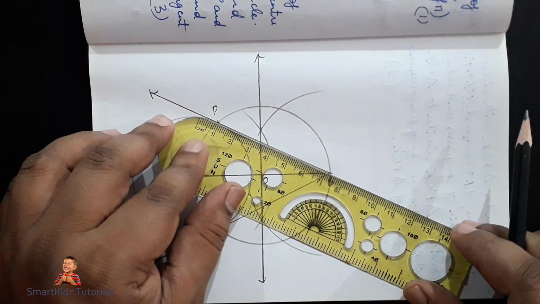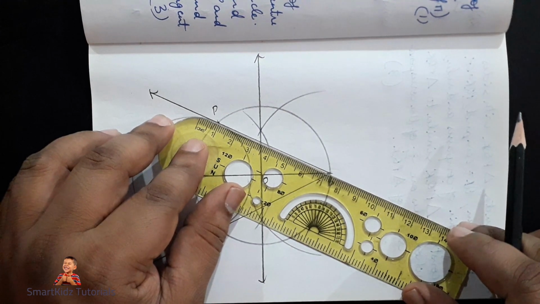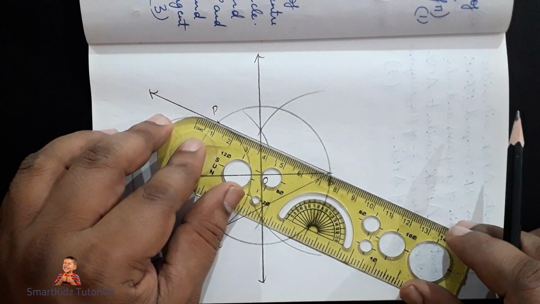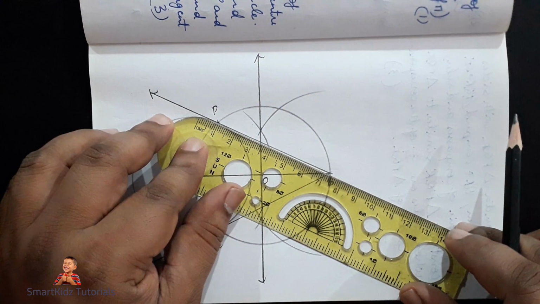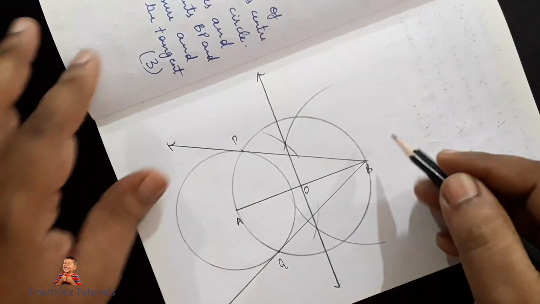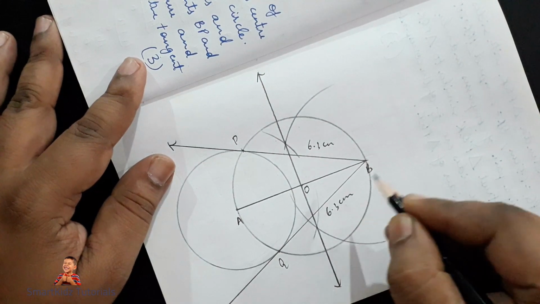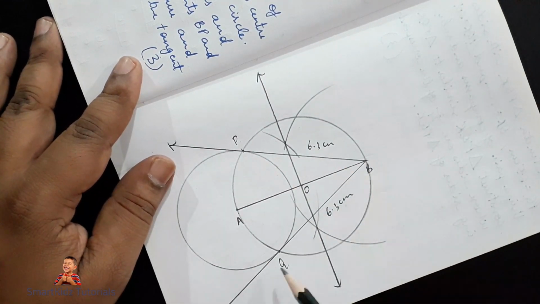I'm measuring the tangent, and it comes to, let me see, 7. It comes to 6.3 or 6.2. Okay, so I'll take it as 6.3 centimeters. So both are 6.3 centimeters. Those are your tangents PB and QB.